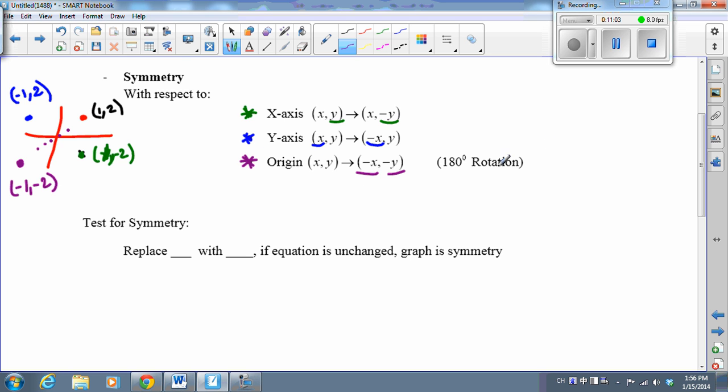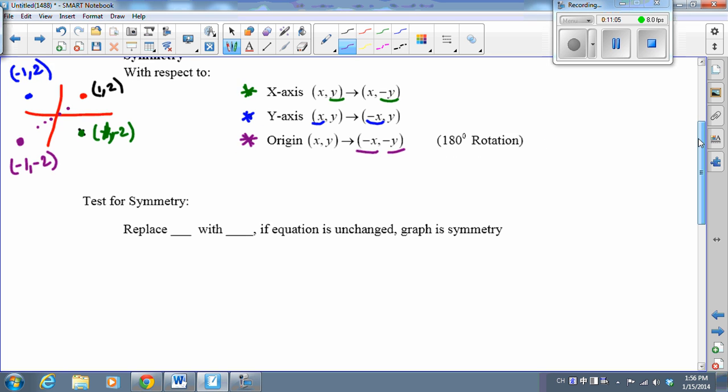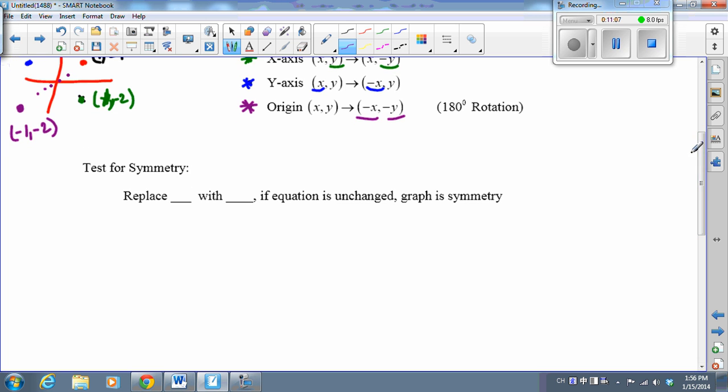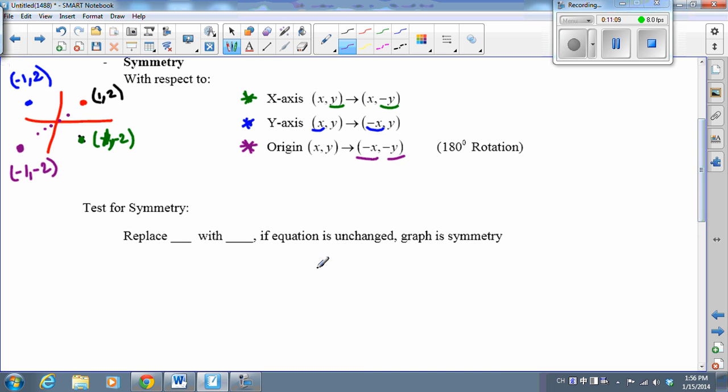Now, if I just give you an equation to know if it's symmetric with respect to the x-axis, y-axis, or origin, you first replace y with -y. If the equation is unchanged, then the graph is symmetric with respect to the x-axis. If not, you replace x with -x.